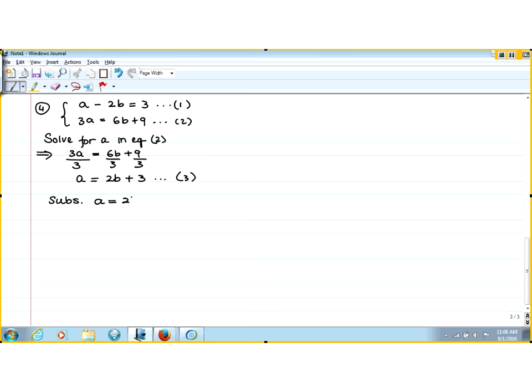Substitute A equals 2B plus 3 into equation 1. So we have 2B plus 3 minus 2B is equal to 3. What happens here?